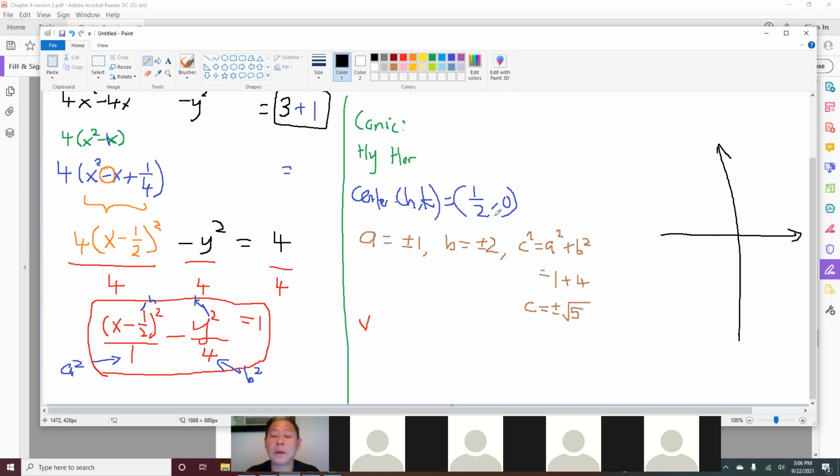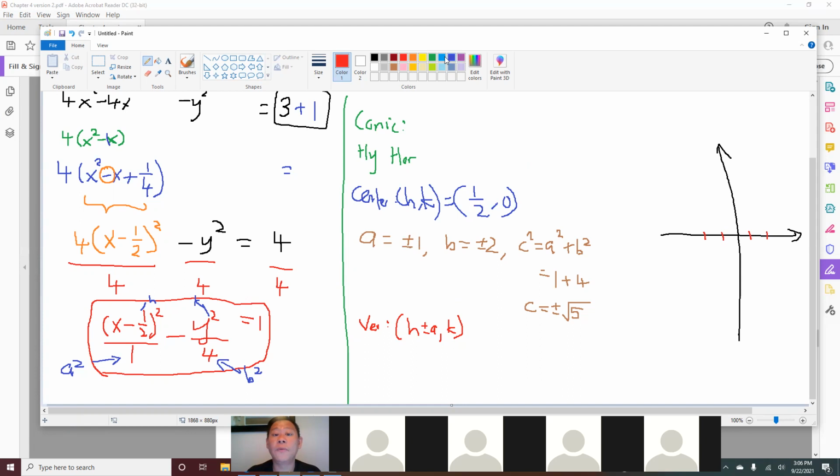Horizontal is X. So that means if you want to find your vertices, it will be H plus minus A, K. The reason why is because when you have a horizontal, everything is on the x-axis. So that means your x will be added plus minus a.